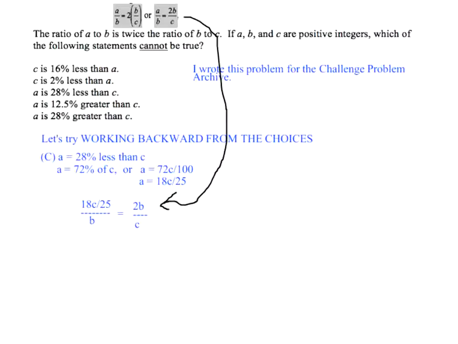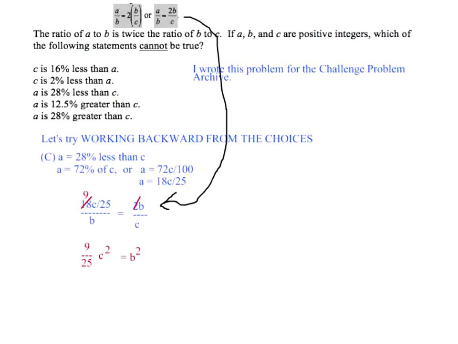So you can strike the 18 and make it a 9, and you can strike the 2. So that is 9C over 25 and 1B. If you cross multiply this, you get 9/25 C squared is B squared.